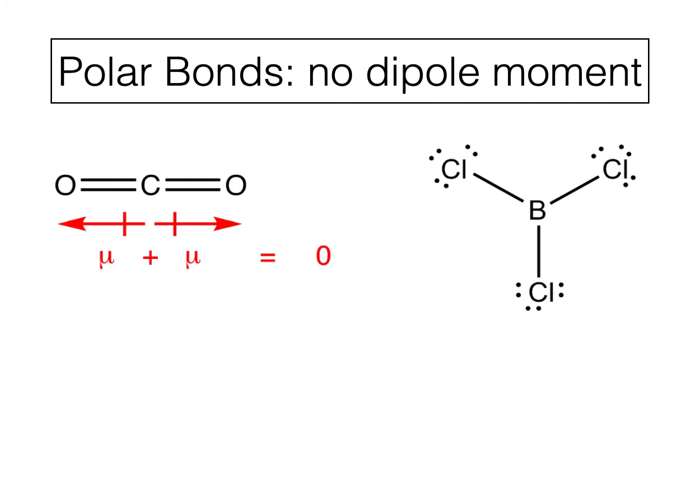This would be like three people of equal strength pulling on an object at evenly spaced positions. And of course, the object would not move anywhere. They would cancel out. So again, we would have no dipole moment, and this molecule also is nonpolar.